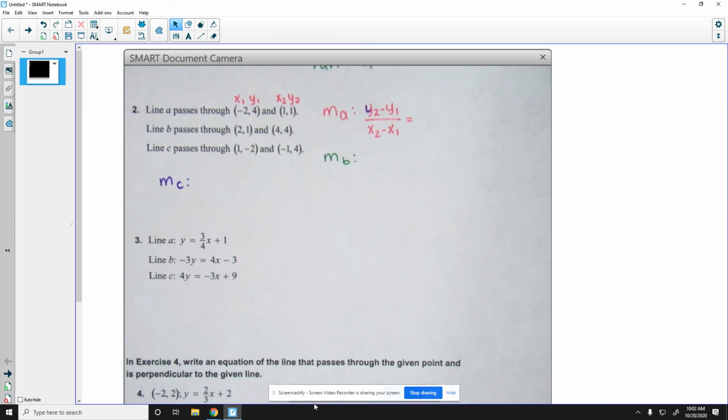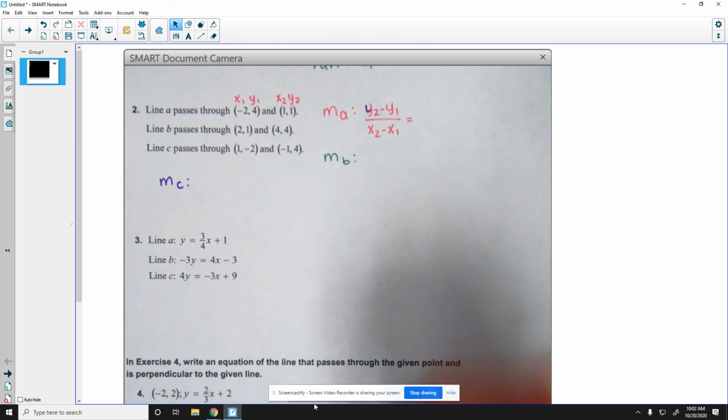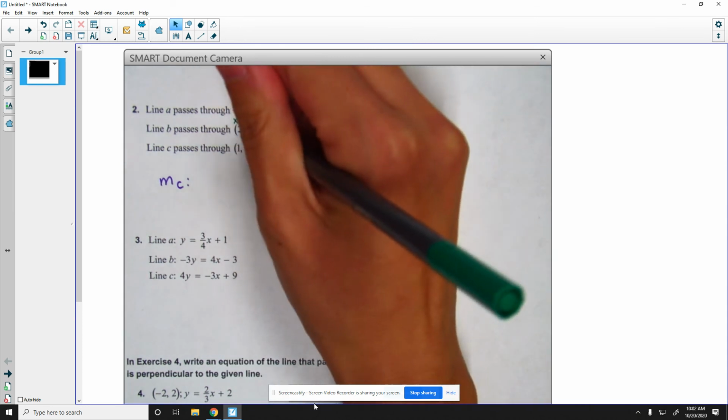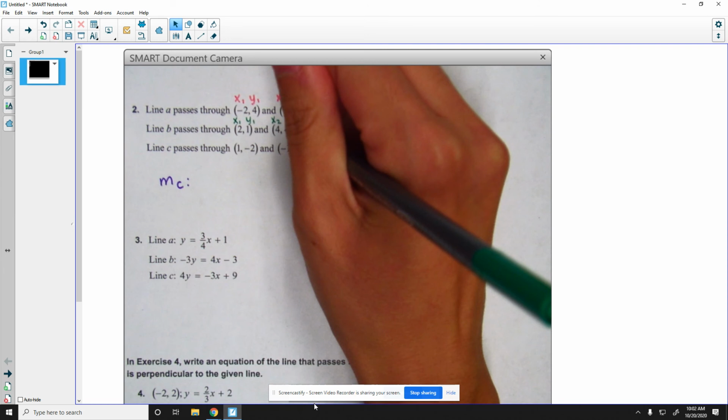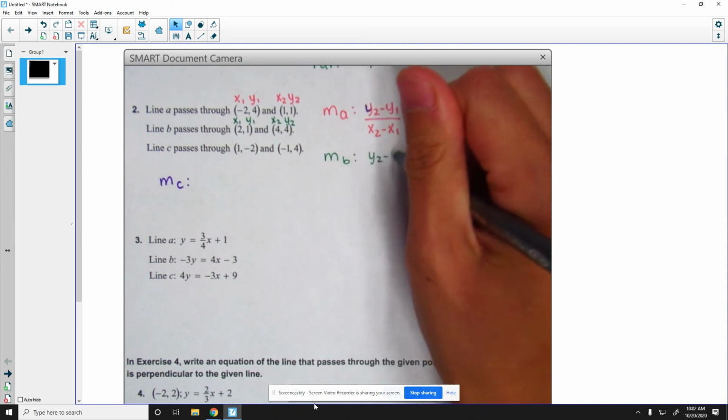So you choose A, you choose B, you choose C, whatever letter you want to do. And then someone else will hopefully have chosen another letter.